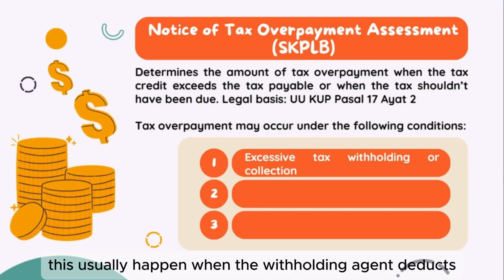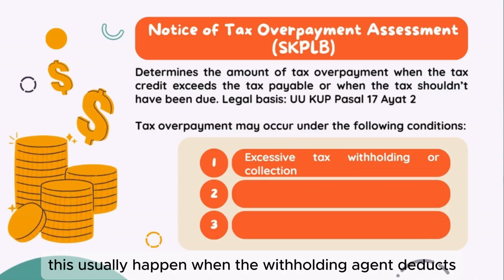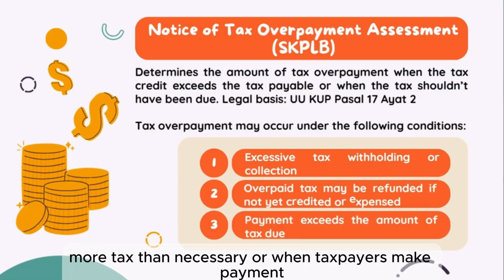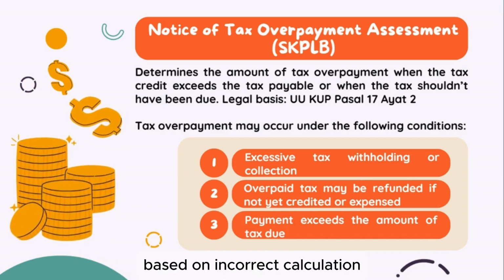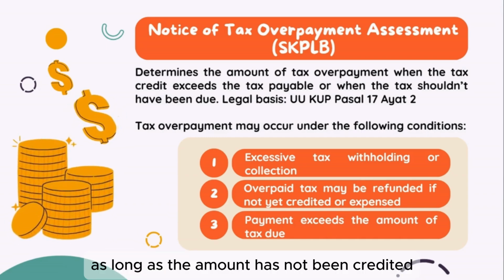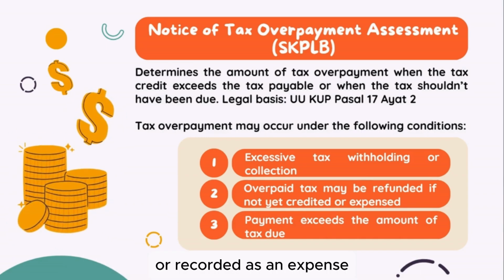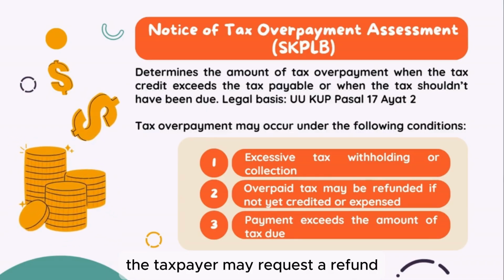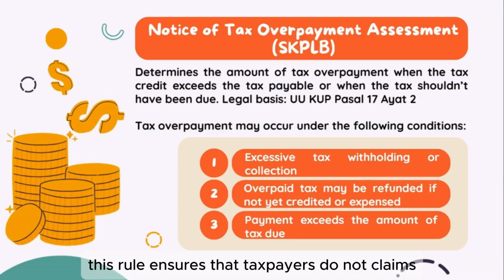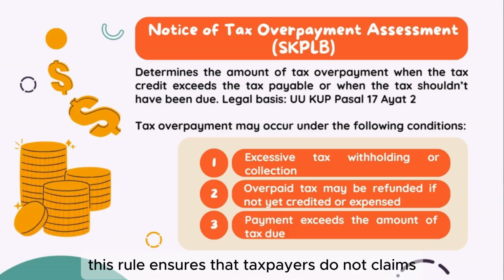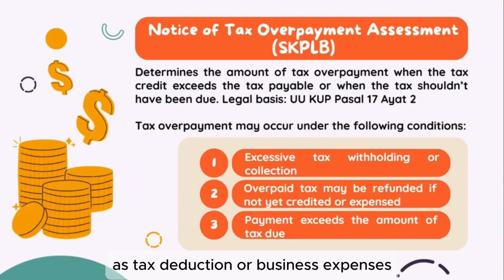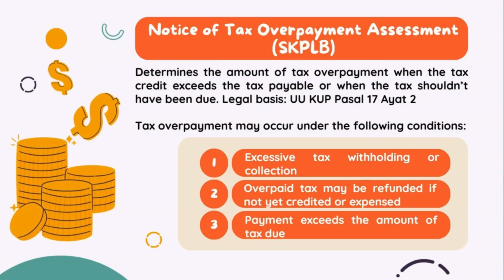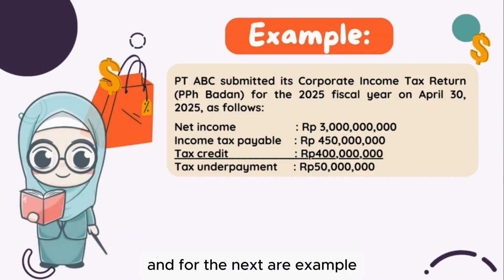This usually happens when the withholding agent deducts more tax than necessary, or when taxpayers make payment based on incorrect calculation. As long as the amount has not been credited or recorded as an expense, the taxpayer may request a refund. This rule ensures that taxpayers do not claim a refund on amounts already used as tax deduction or business expenses.